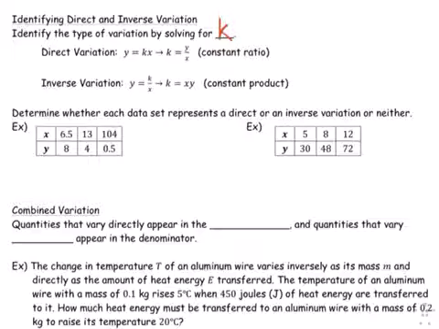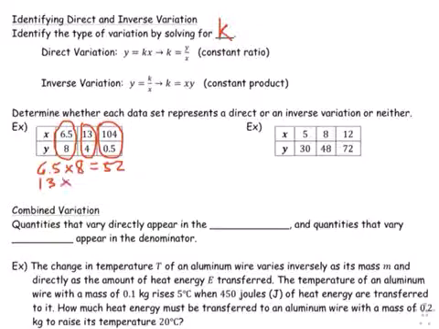So with our first example, I will first check and realize pretty quickly that if I multiply these values together, I'm going to get a constant value for each of them, because 6.5 times 8 is equal to 52. 13 times 4 is 52, as well as the last product.